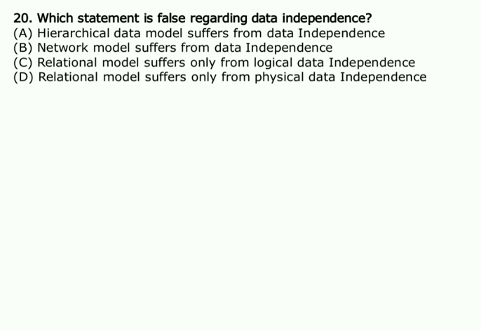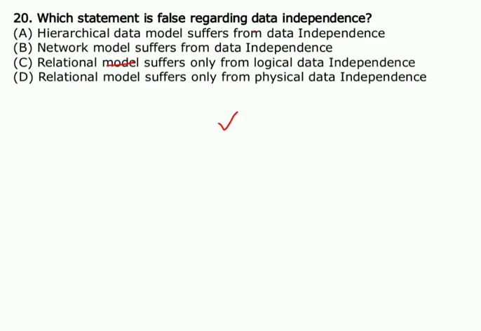Which statement is false regarding the data independence? Option C is the correct one: the relational model suffers only from the logical data independence. What is meant by data independence? In the hierarchical structure we have three levels, that is the view level, conceptual level, and the physical level.